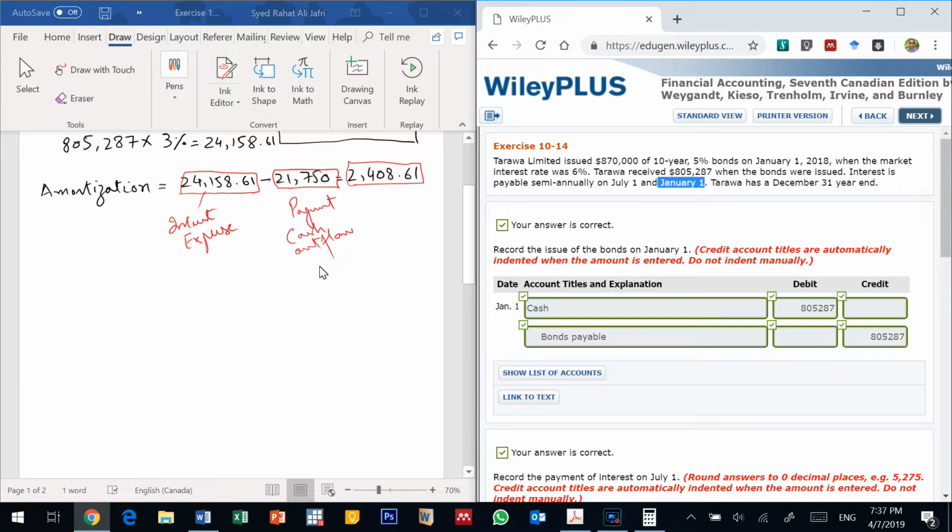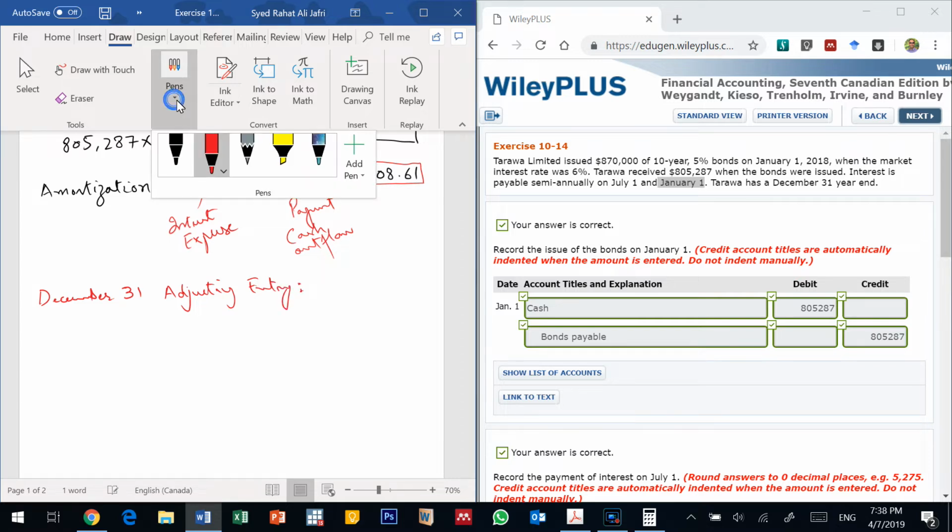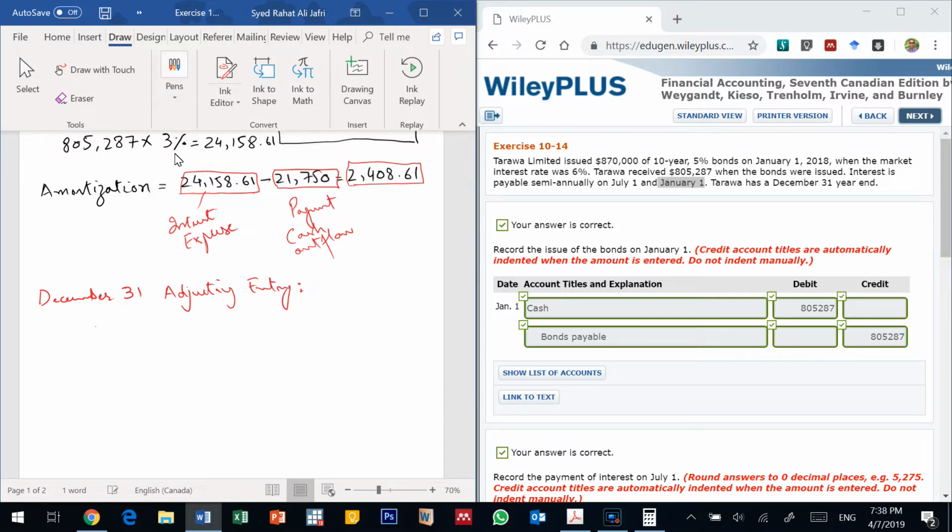Now, December 31st adjusting entry. That's what we are doing now. And so what is the carrying value of the bond to compute interest expense?